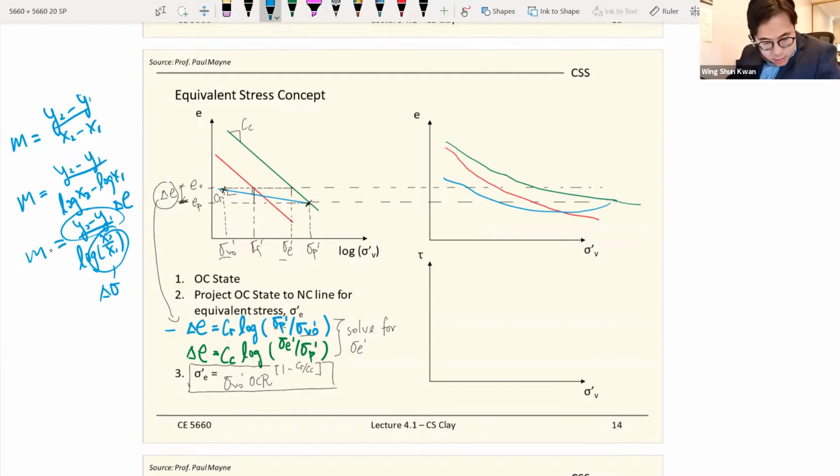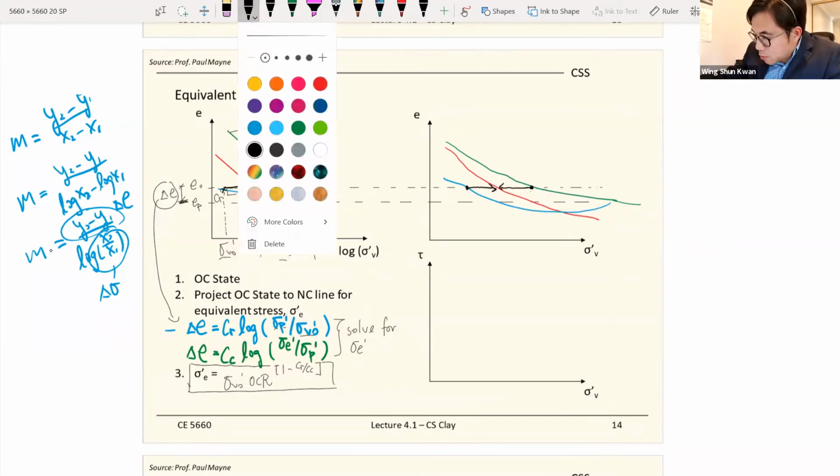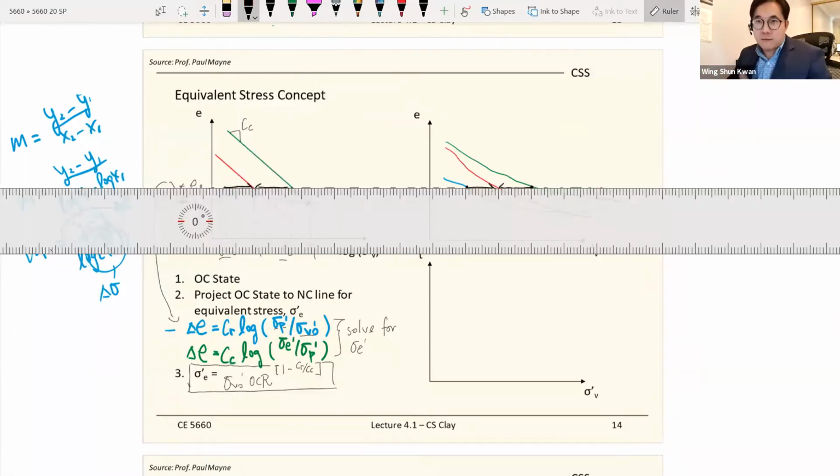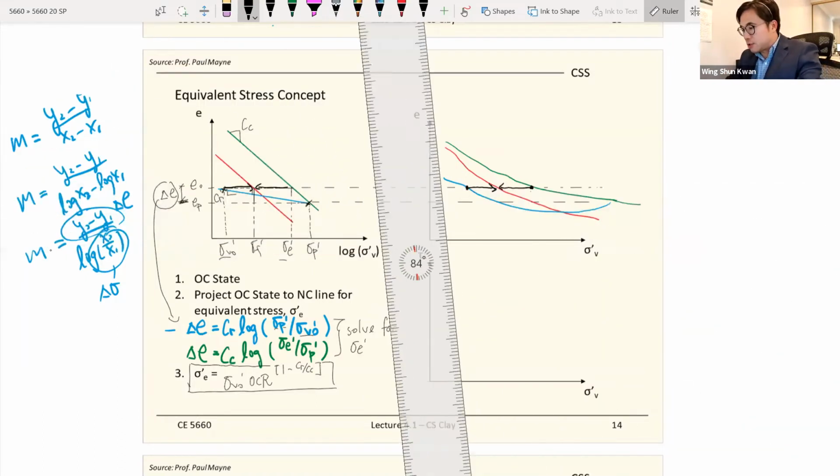Everything goes to the critical state line on both sides. From here you will go to here, and from the normally consolidated line you will go to the endpoint. This is the equivalent stress, the other one is the critical stress, and also the initial stress. And again, these three graphs can talk to each other, they can link the information to each other.